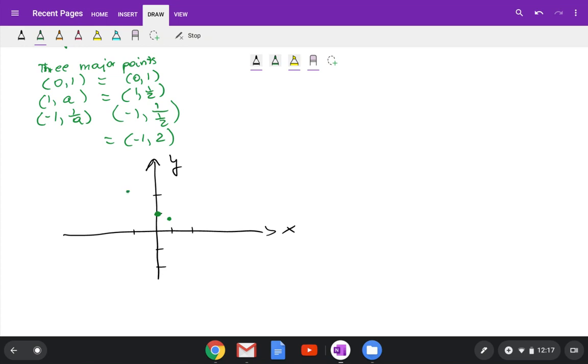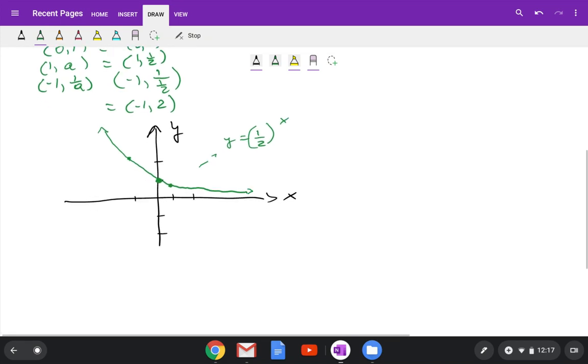Still the same shape, however, this function decreases. So this is y equals 1/2 to the power of x, a decreasing function.